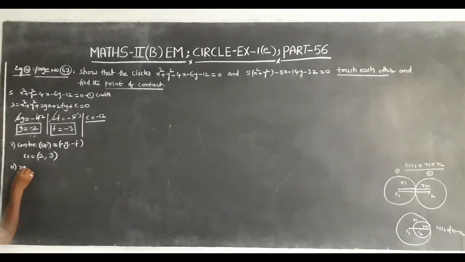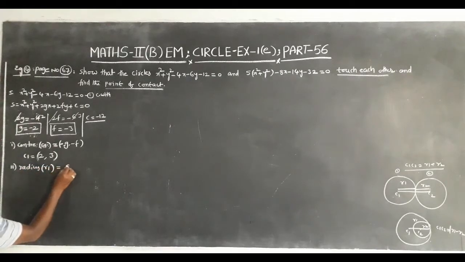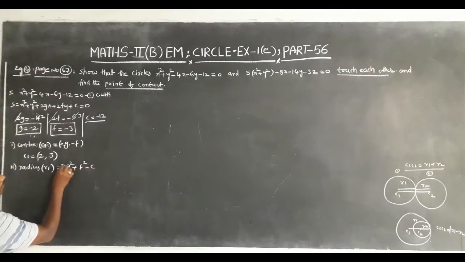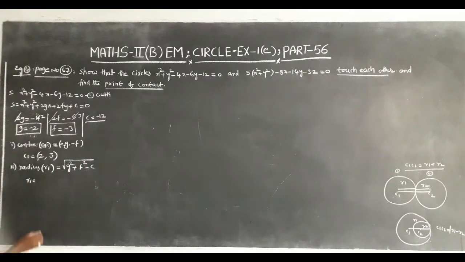Second one, radius. R1 is equal to radius formula, under root of g square plus f square minus c. R1 is equal to under root of minus 2 whole square plus minus 3 whole square minus c, c is equal to minus 12, minus into minus plus 12.